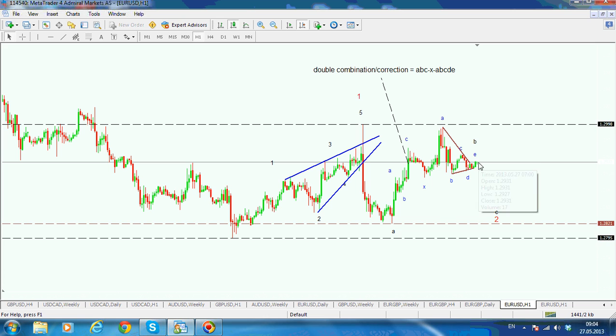Now, this triangle scenario remains valid as long as the highs in the C wave here are holding. This is 129.44, as you can see the highs. So to have A, B, C, D, E, and then to look for an impulsive move to the downside, but not to take this 127.95 to the downside.